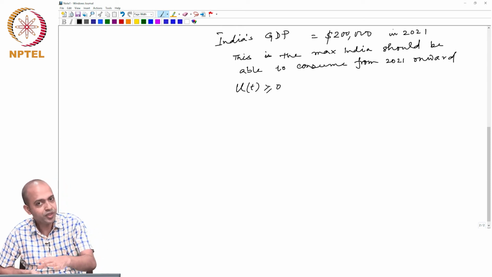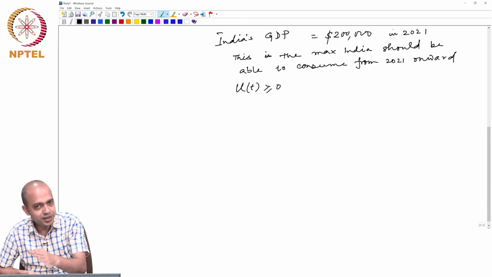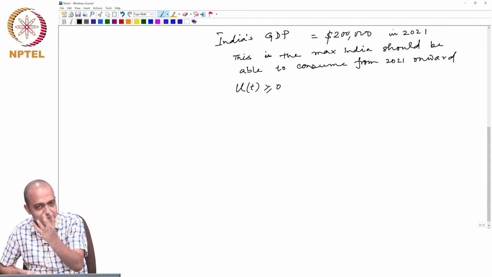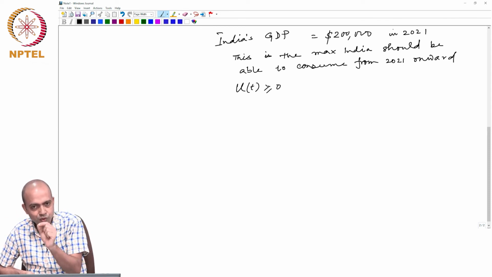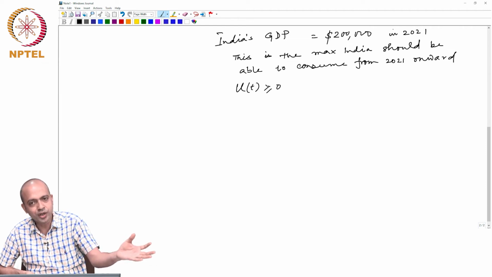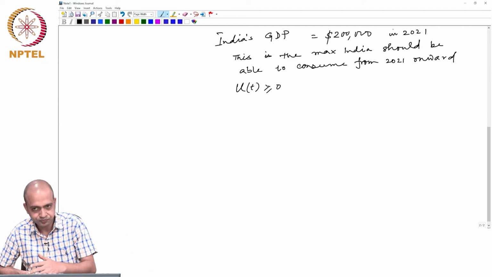Is this clear? So, the definition of income says that income is the maximum that you can consume from that period onward, so that at the end of the period you are as well off as you were earlier. That means at the end of the period your well-being is equal to what you were enjoying earlier, if not more.